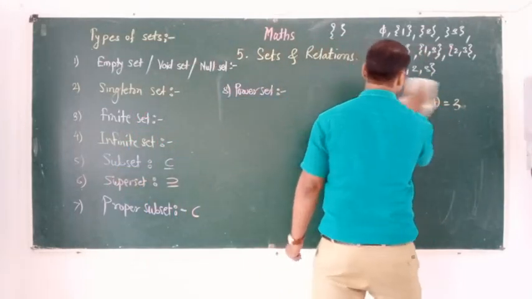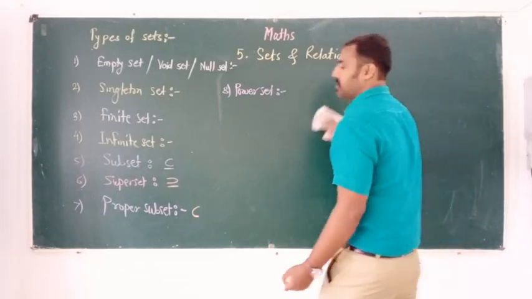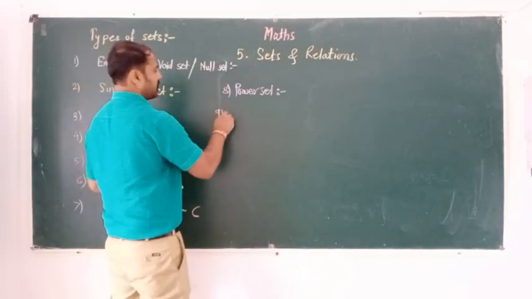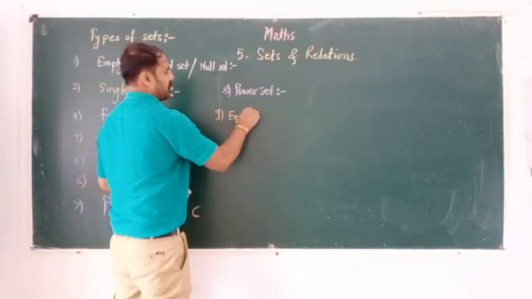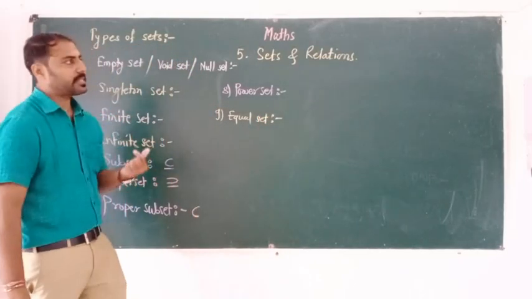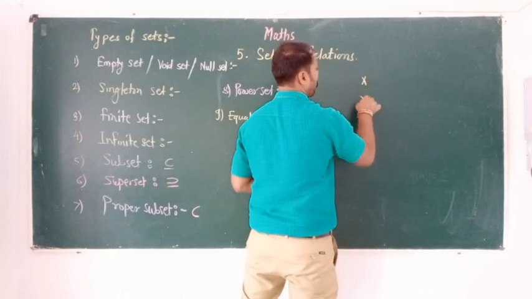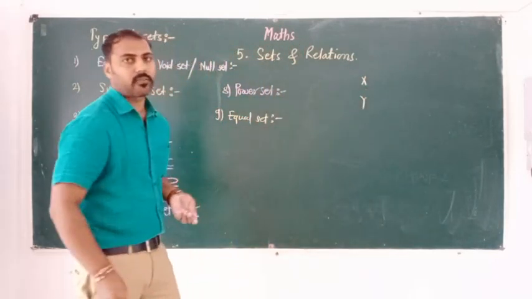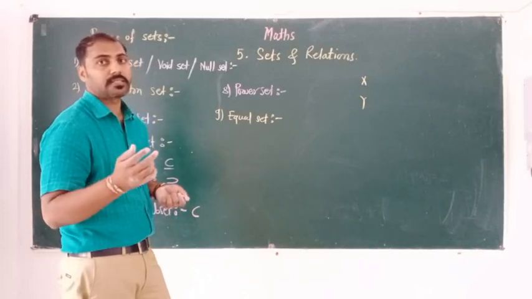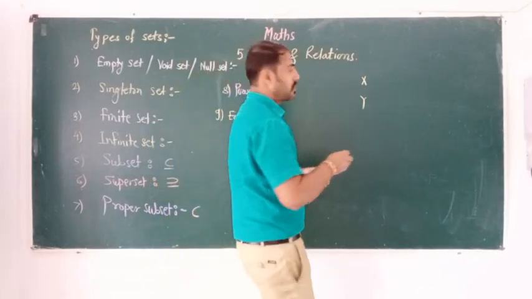That type is equal sets. The definition is, two sets A and B, or X and Y, are said to be equal if all the elements are same.